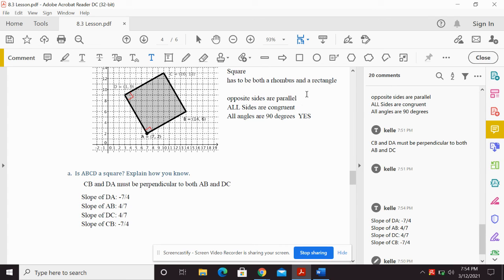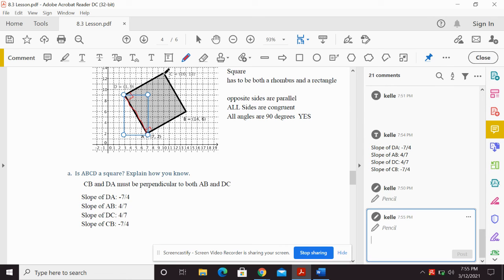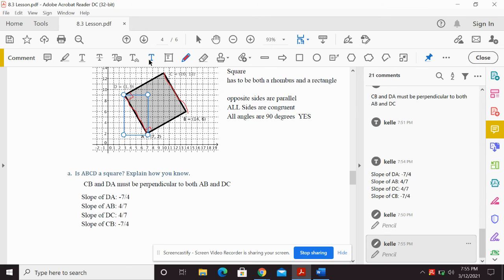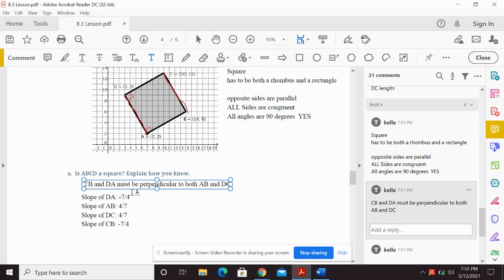We also, by figuring out the slopes, found out that opposite sides are parallel. DA needs to be parallel to CB, which means they need to have the same slope. So does DA have the same slope as CB?